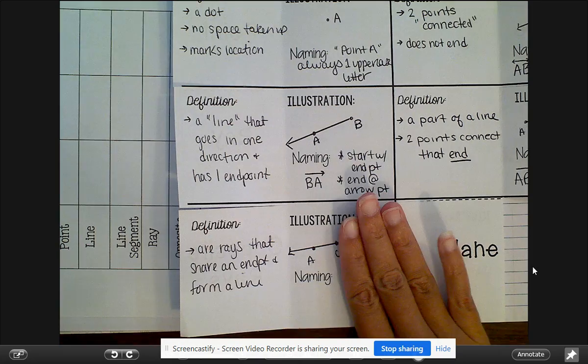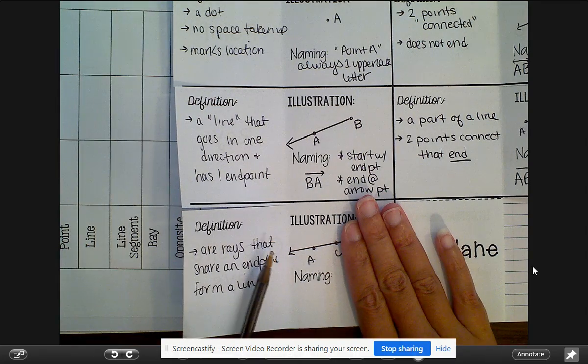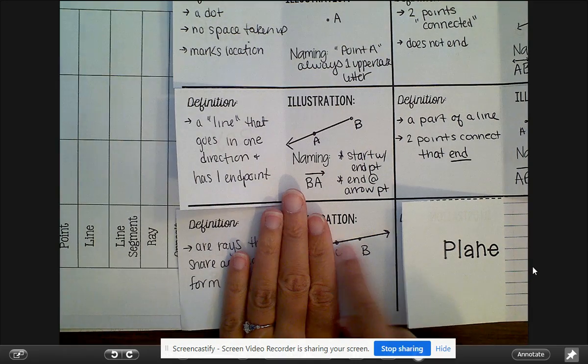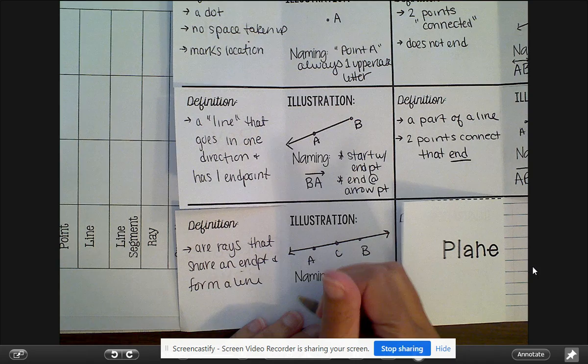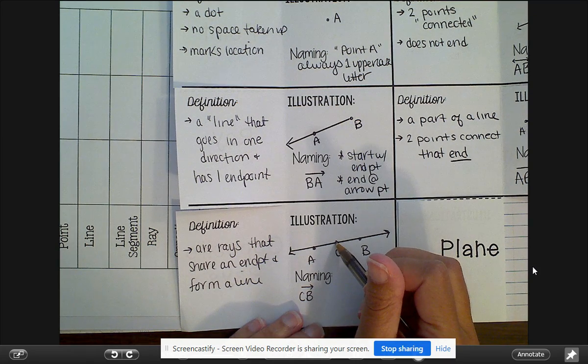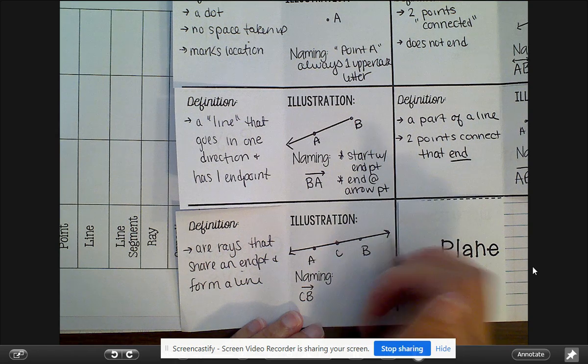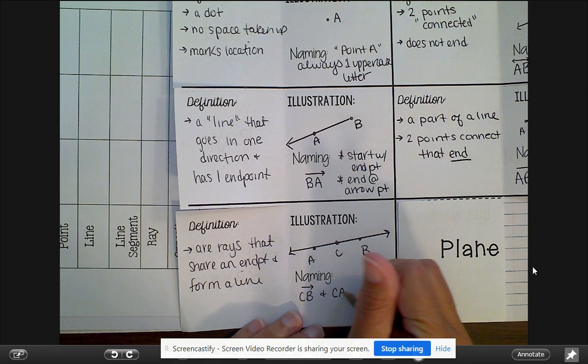So if I kind of ignore this part of the line, I have a ray pointing in this direction. And if I ignore this part of the line, I have the other ray pointing in the opposite direction. So my opposite rays here would be CB, so starting at C, going towards B. And starting at C, but this time going towards A.